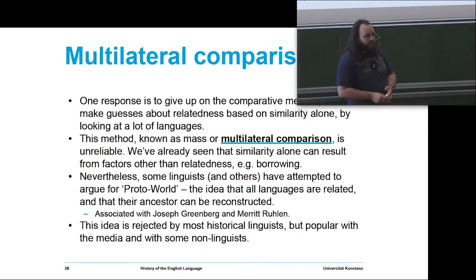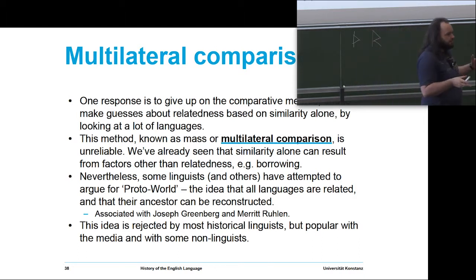Now, people have tried to get around this. People have tried to get around it by saying, for instance, let's give up on the comparative method. If the comparative method, this method of establishing systematic sound correspondences, doesn't work, then we need to use a different method. And one method that people have used is called mass comparison or multilateral comparison. This is associated with linguists like Joseph Greenberg and Merritt Ruhlen.